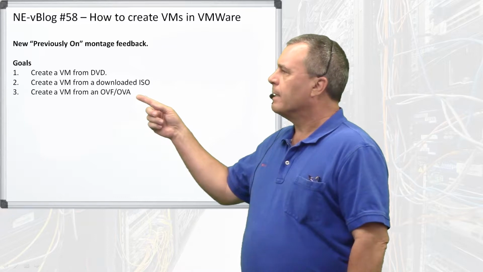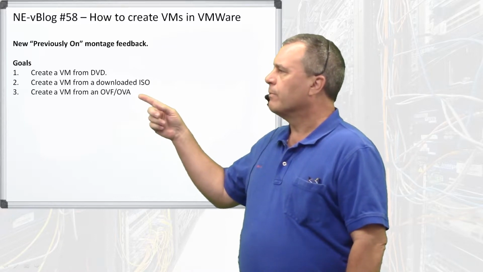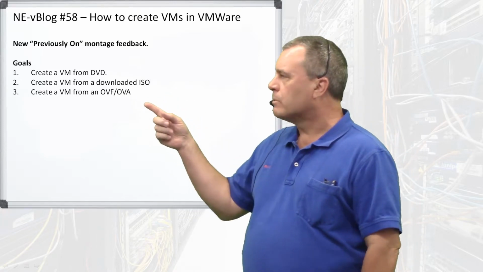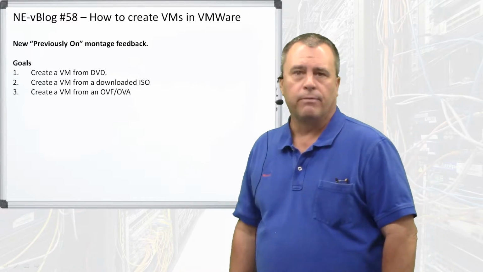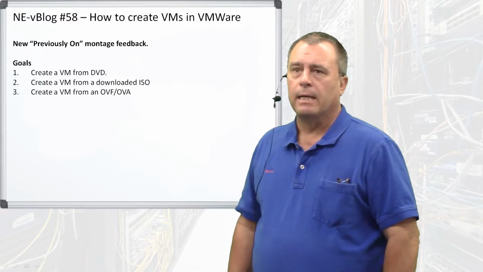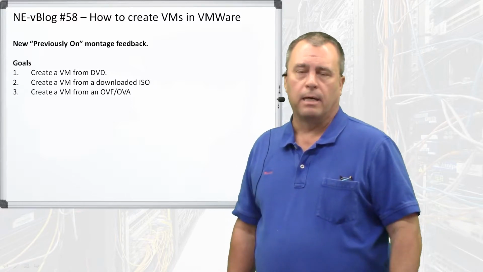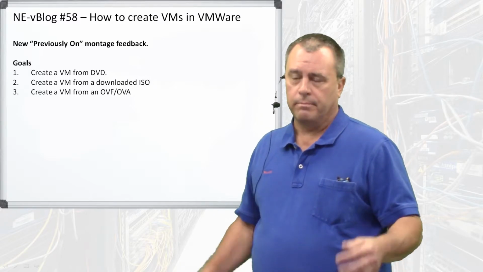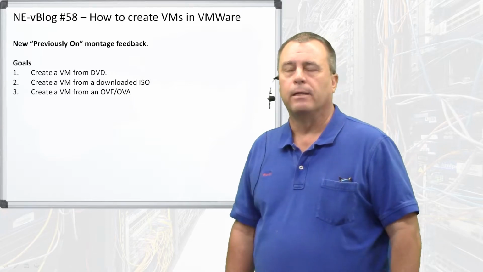The last thing we're going to do is create a virtual machine from an OVF or an OVA. To do that, we first have to get an OVF. So what we're going to do is export an OVF from VMware, then modify the OVF and import the modified OVF file, or create a virtual machine from that modified OVF file.